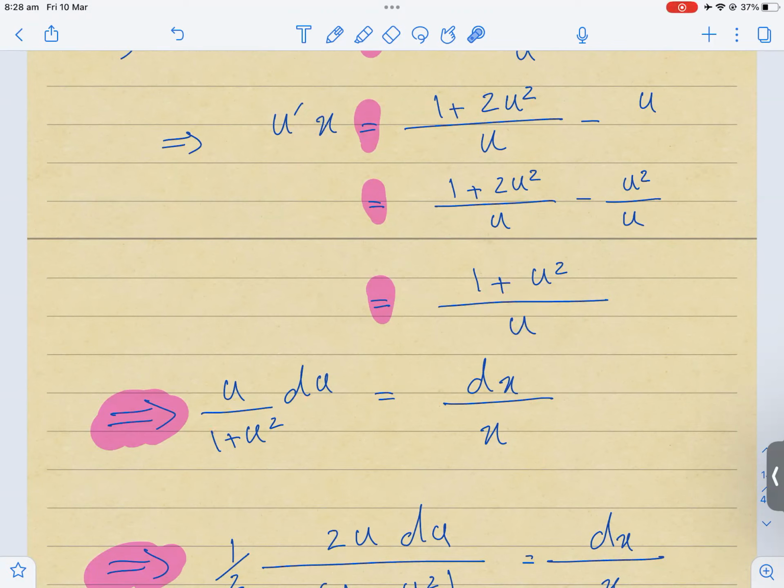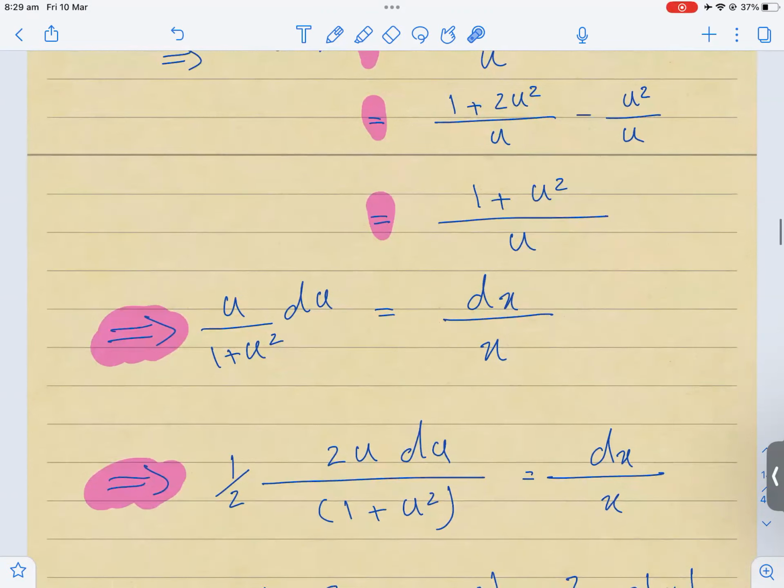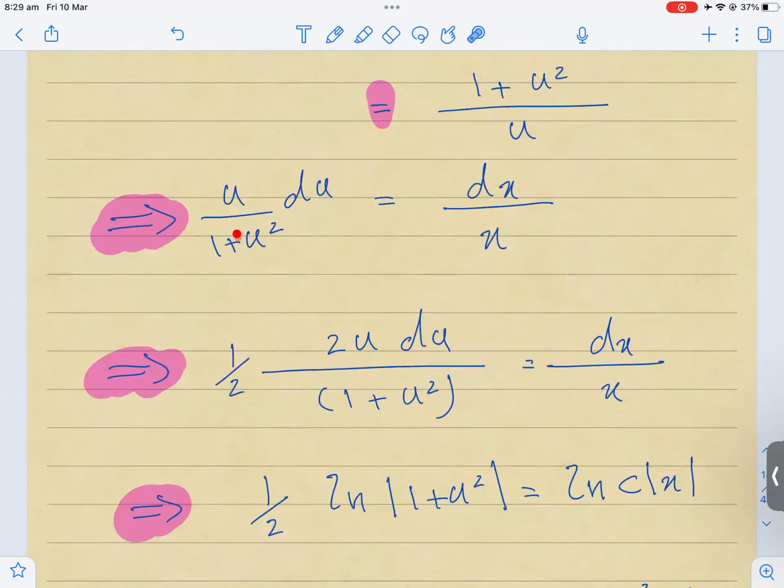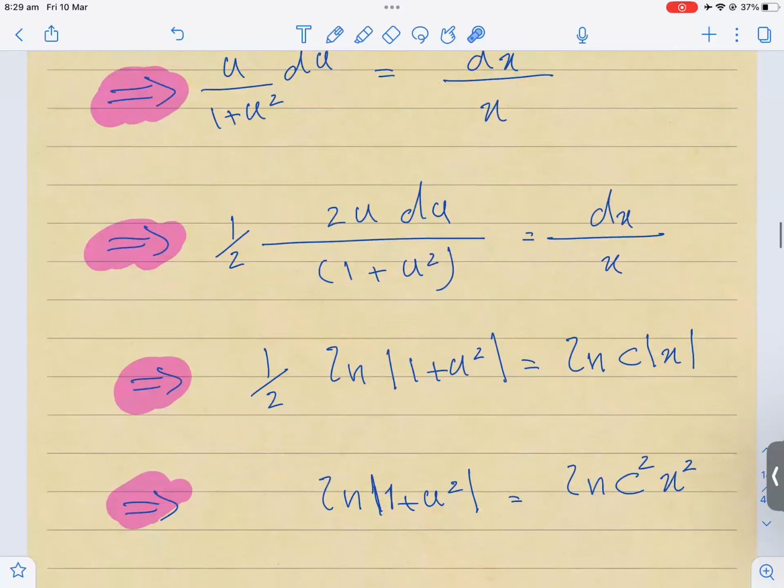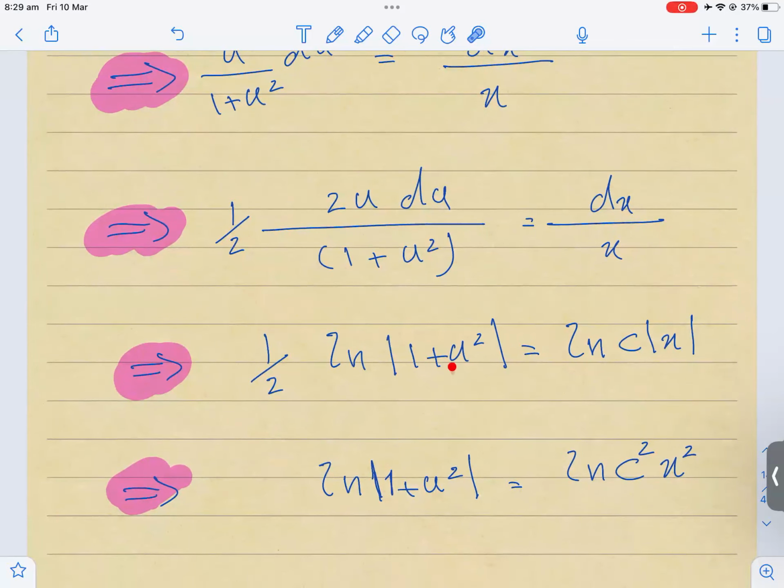Again, separable. So this substitution, the change of variable method, will move you from homogeneous ODEs to separable ODEs. So then after that it is easy to solve. U over 1 plus u squared. It is obvious why I did 1/2 and 2 here, I don't need to explain it to you. So from here, 1/2, do you have a question?